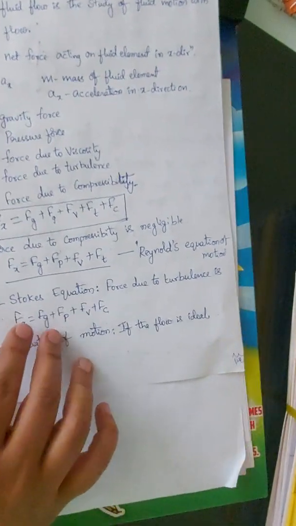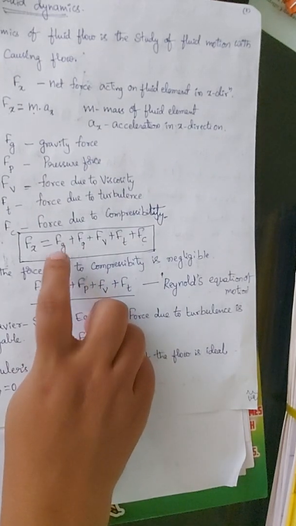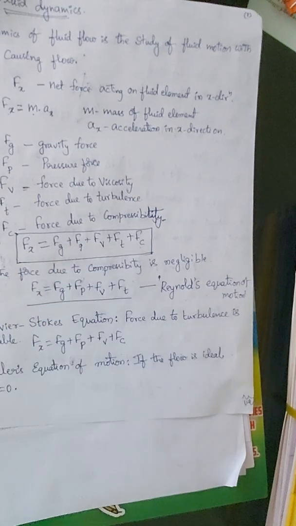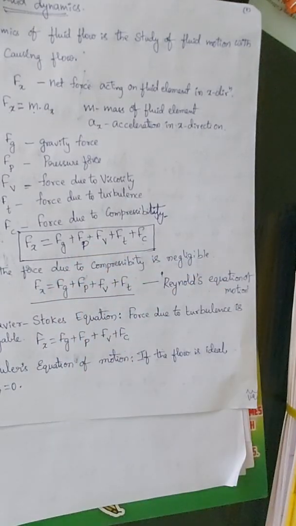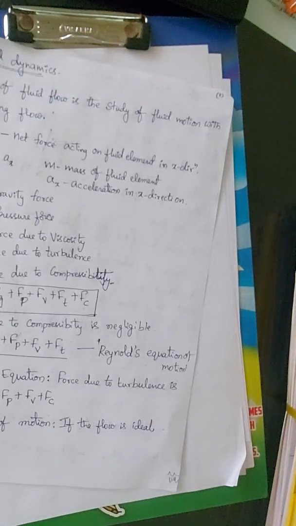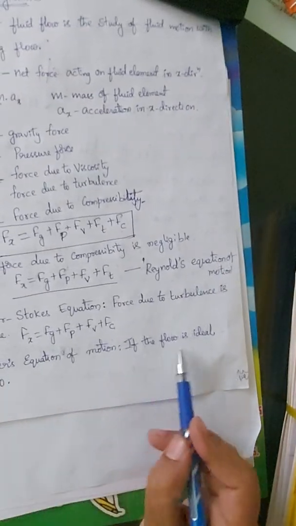First principles means what is the total force in the x direction, which is the combination of gravitational force plus pressure force plus viscous force, the force due to turbulence and the force due to compressibility. And how did we get the Euler equation? The Euler equation is for when the flow is ideal.